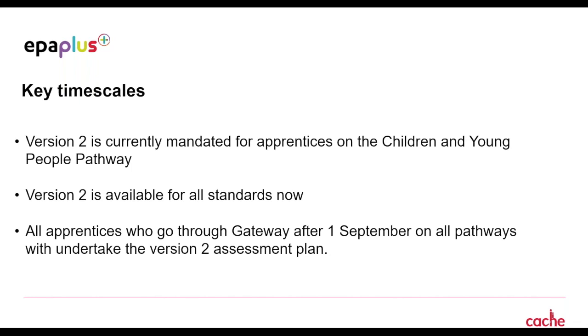However, the key timescale is the bottom one. So all apprentices who go through Gateway after the 1st of September on all pathways will undertake the version 2 assessment plan. So the version 1 assessment plan will no longer be available for apprentices who go through Gateway after the 1st of September.